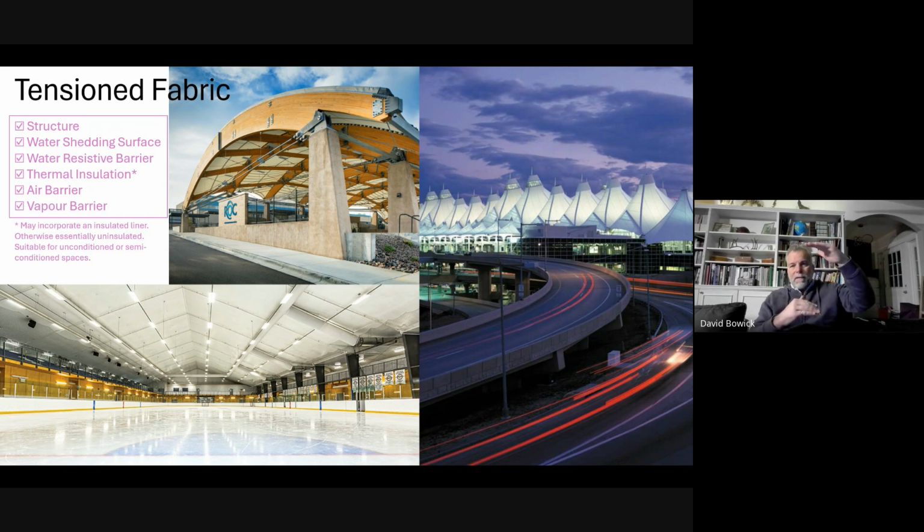So the dead air space in between has an insulative value, and you can even put batt insulation in between the two layers. So not ideal envelopes, but not terrible either.